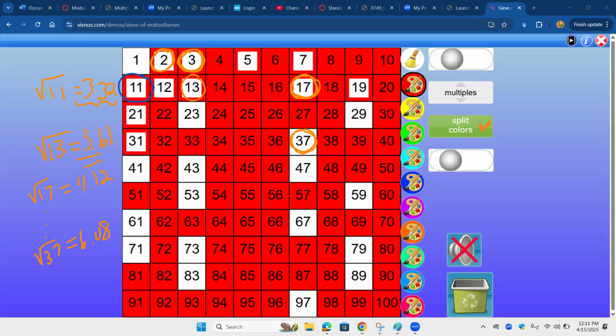So I would have to find prime numbers less than 6.08. That would leave me with 2, but I already used 2 and I didn't cross out 37. 3 and 5. I crossed out all the multiples of 5. All the multiples of 5 are over here and over here.